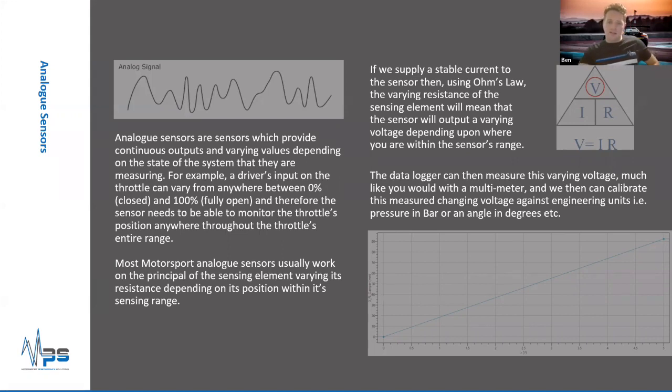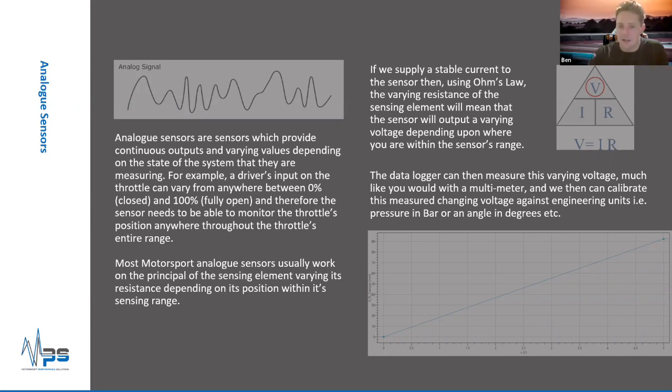So the way analog sensors work is, whatever you're trying to measure, whether it's a position or a pressure of a fluid, etc., it'll have a set working range, and in between those two working ranges, it'll have, in 99% of the cases, a sensing element which will change its resistance based on the input to it.